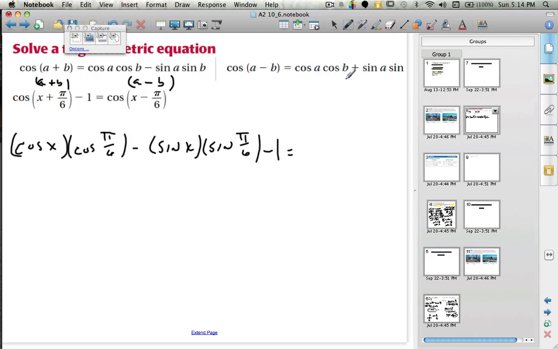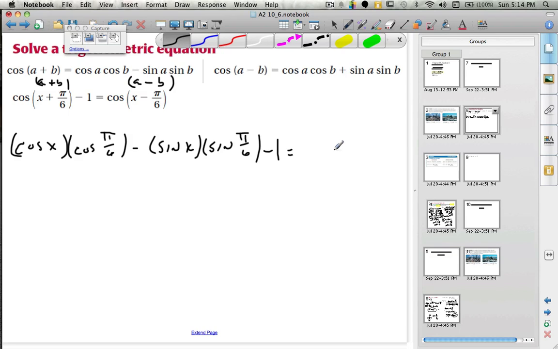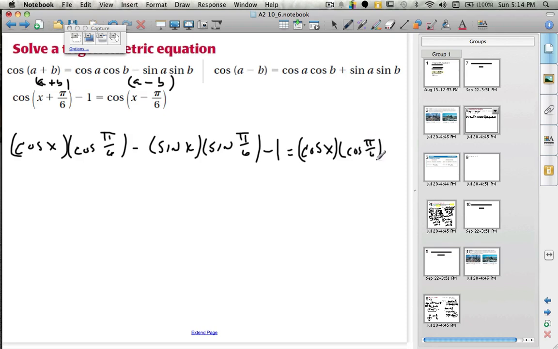So we'll have cosine A times cosine B plus sine A sine B. Right, so I'm going to have the cosine of x times the cosine of pi over 6 plus, I'm going to have to make a new line here, sine of x times the sine of pi over 6.